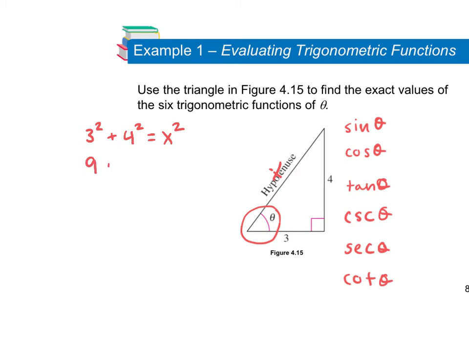So this would be 9 plus 16 is equal to x squared. 9 plus 16 is 25. Take the square root of both sides. So what's our hypotenuse? 5. So our hypotenuse is 5.